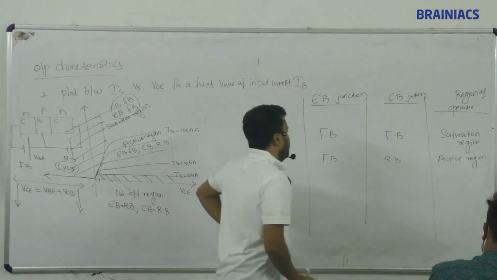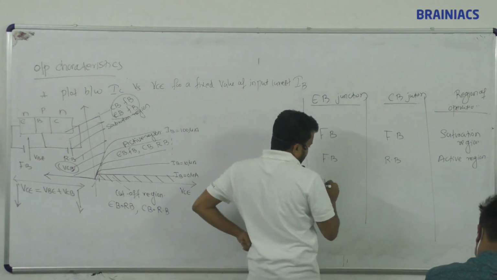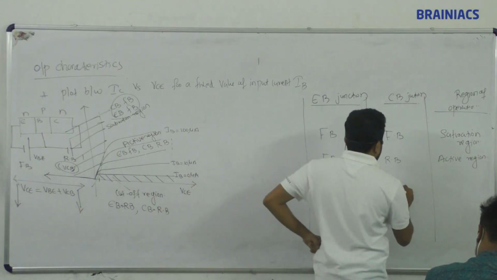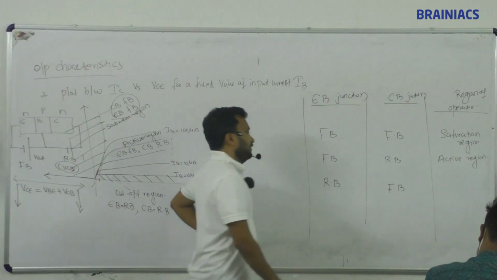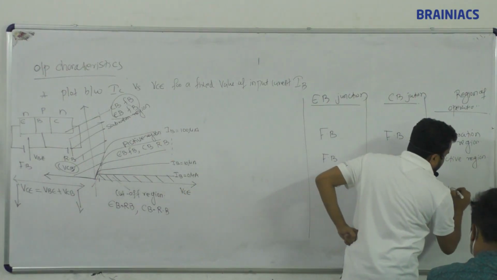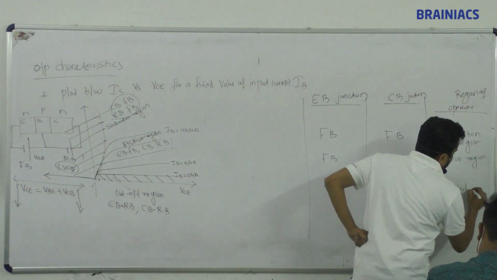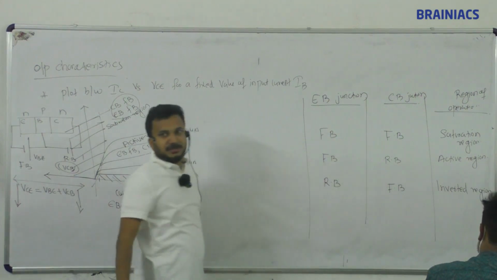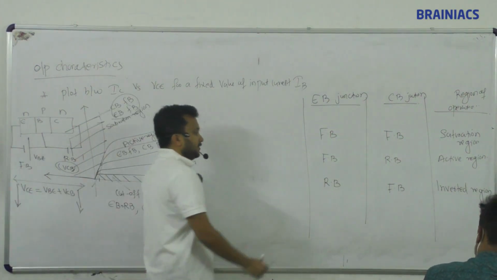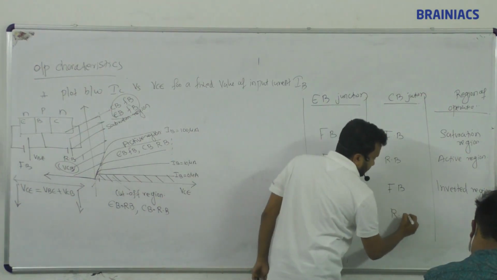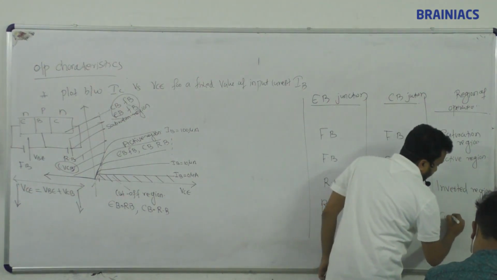Next one, this is the opposite: emitter base junction reverse biased, collector base junction forward biased. This is not there in this graph, and this is called inverted region. Just active is opposite of inverted. Simple. Next one, already in the graph, two reverse biases are the cutoff region.